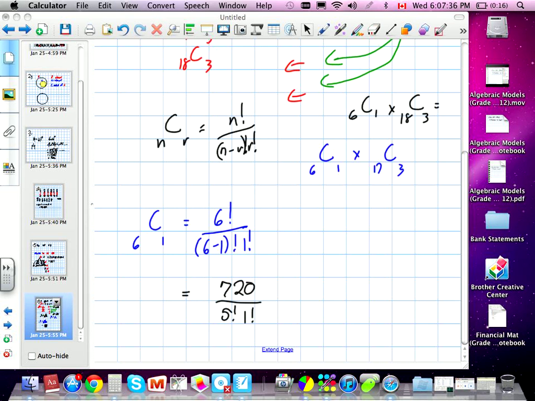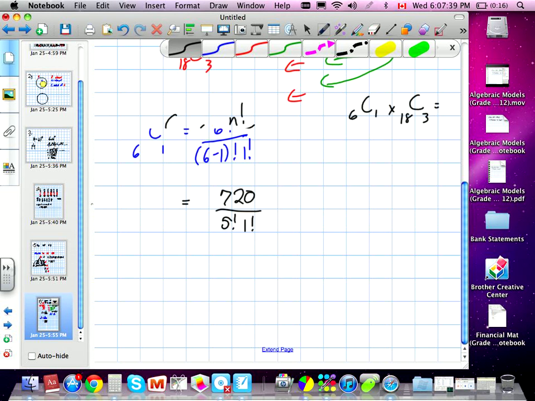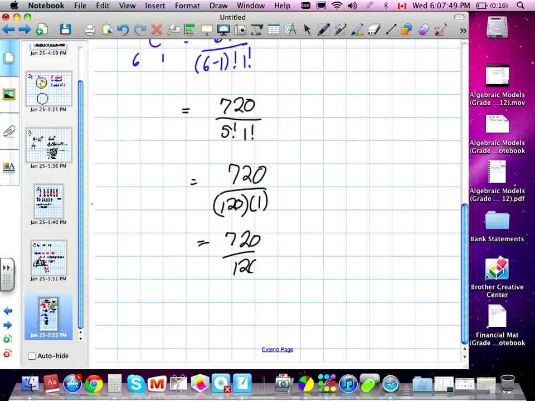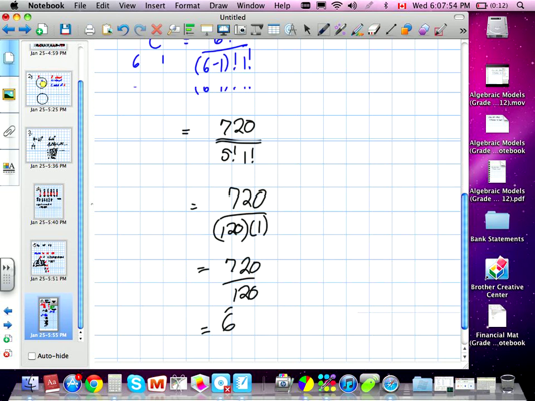Does that make sense? Okay, 720 divided by 120, we get 6. So there's our first one. We're going to have to multiply it. Now our other option here is 17. So 17C3 gives us 17.